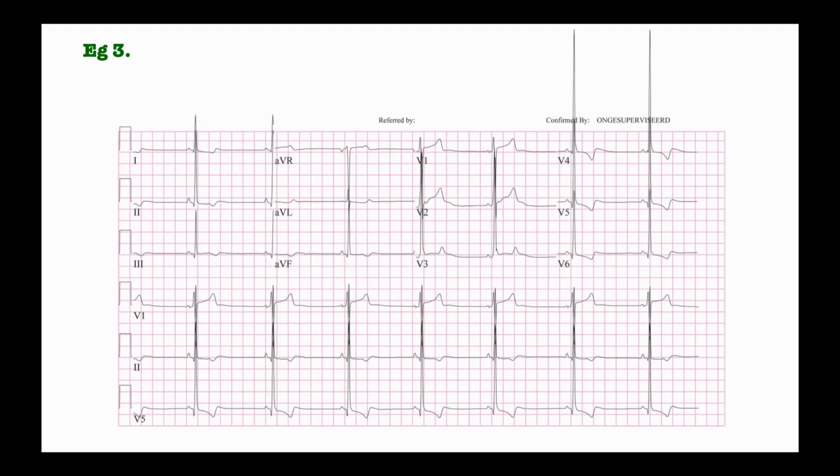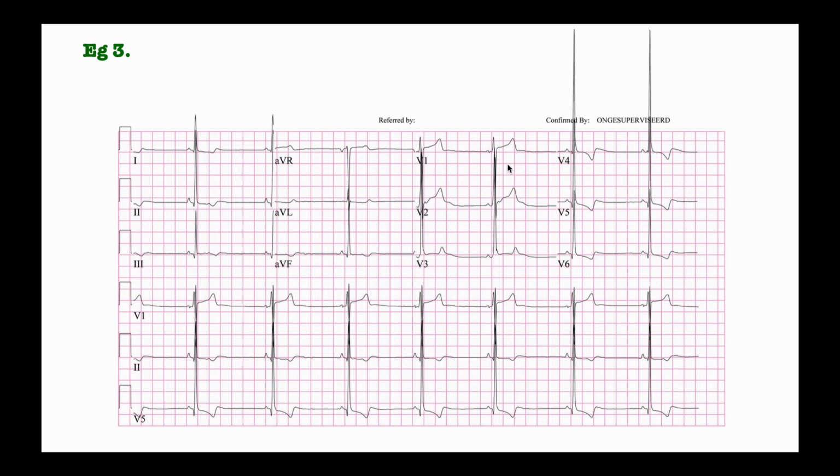Then in this example, what do we find? We are going to count V6. So let's start: 5, 10, 15, 20, 25, let's say 30. So we had 30 in V6. So let's count V1.